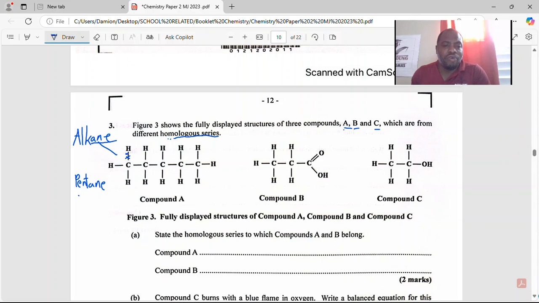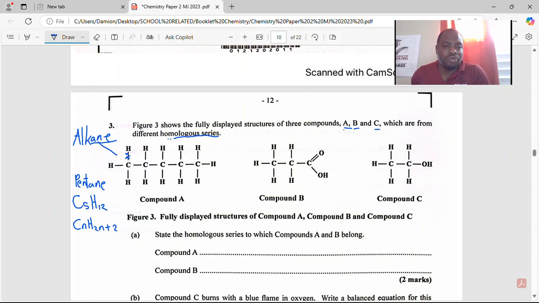And so the formula is C5H12. And I can tell you that it's 12 even before counting because every alkane has this general formula, where n is the number of carbons.